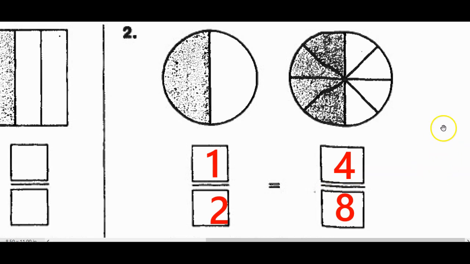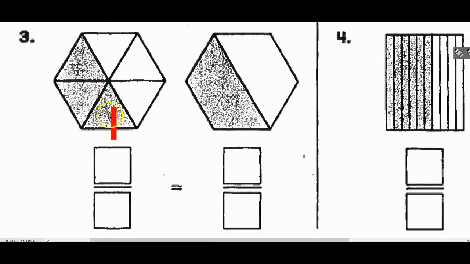Okay. This is page 1. All right. Number 3. The first one, how many are shaded in? 3 out of 6. So 3 sixths. Good. Next. 1/2. 1 out of 2. All right.